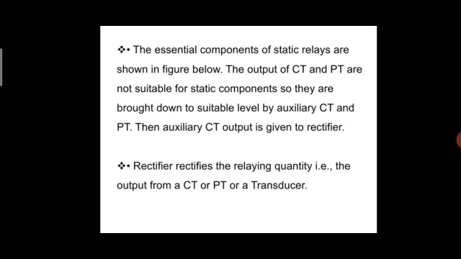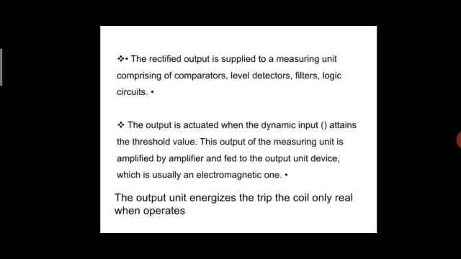Then the auxiliary CT output is given to the rectifier. The rectifier rectifies the relaying quantity, for example, the output from a CT or PT or a transducer.